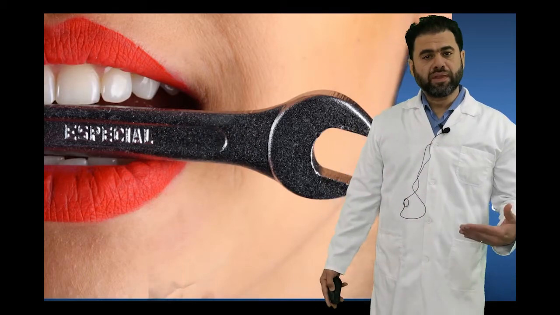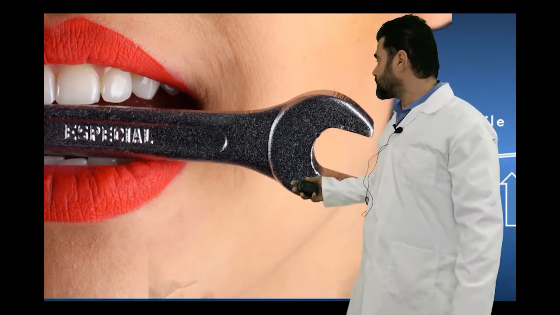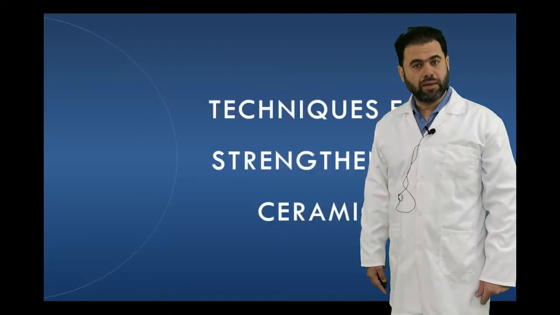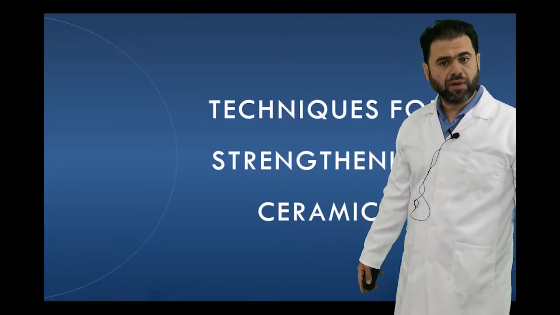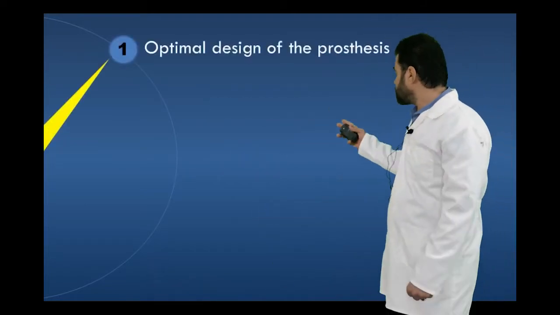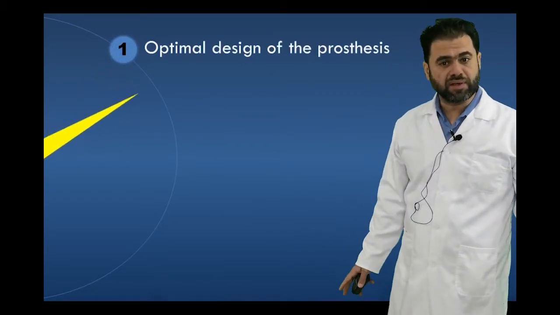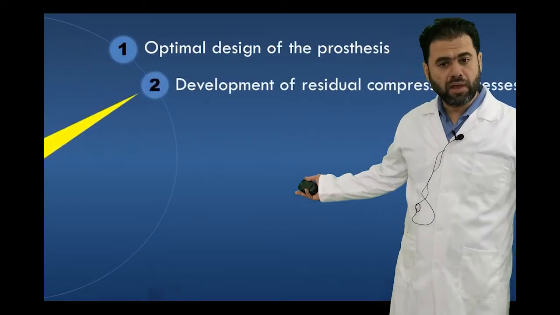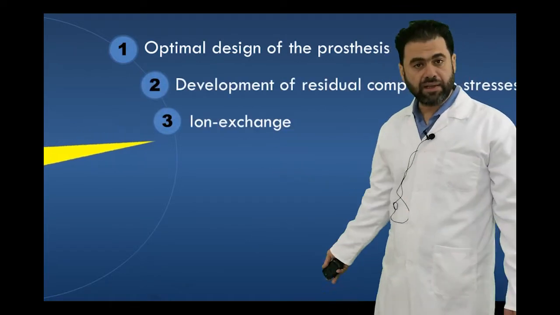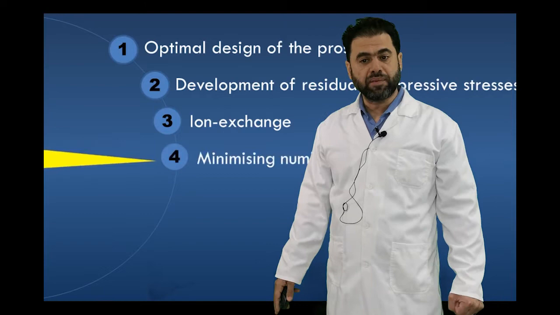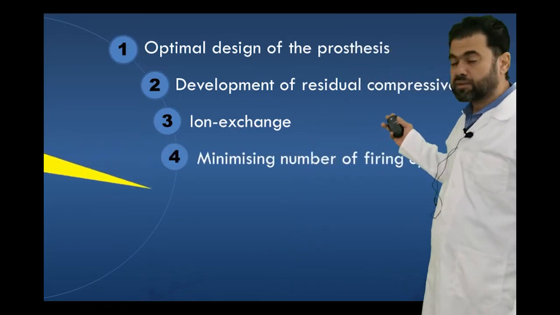There are many things that we do to strengthen the ceramic. First, the optimal design. We work on the design of the prosthesis itself, development of residual strength within the ceramic, ion exchange, minimizing the number of firing of the ceramic, thermal tempering.